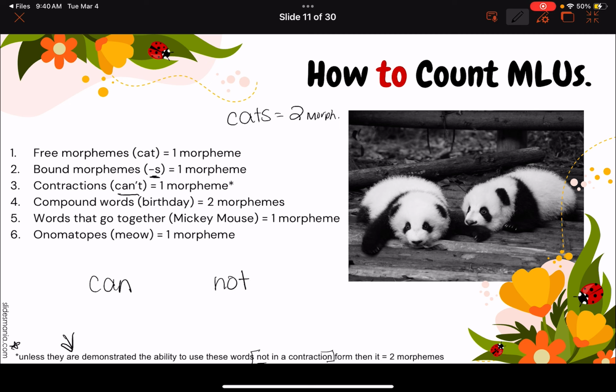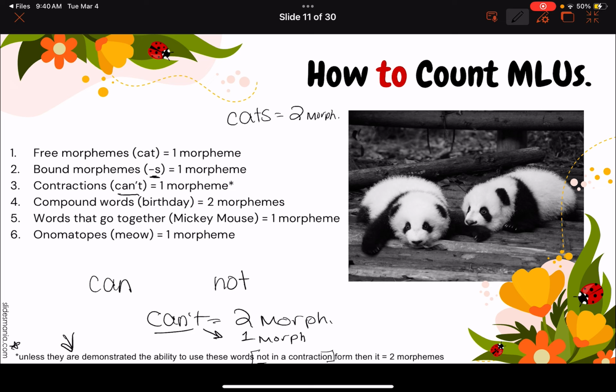That's uncontracted. And then at a later time they use the word can't, we would count this as 2 morphemes because they've demonstrated that they know how to do this uncontracted. But if they never demonstrate that skill in the sample when you are taking the sample, this would only count as 1 morpheme.